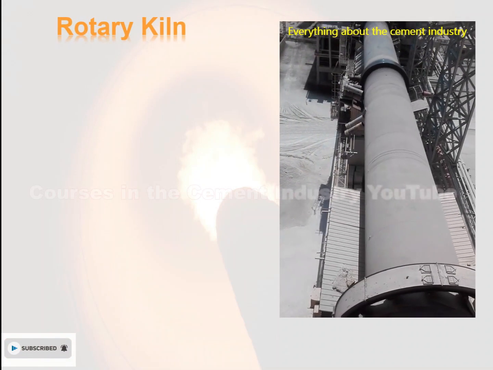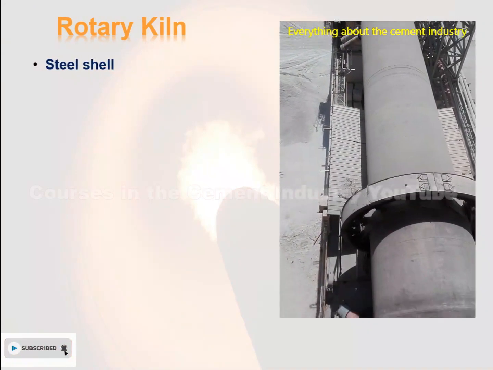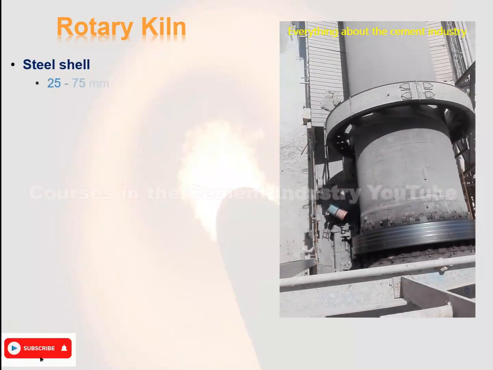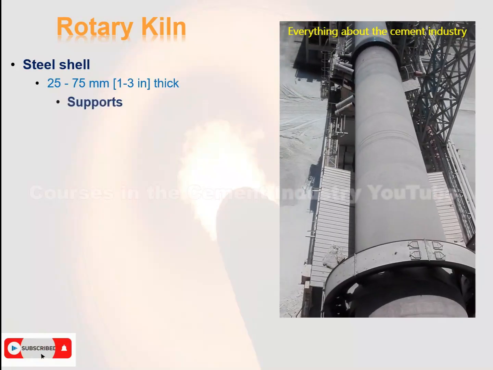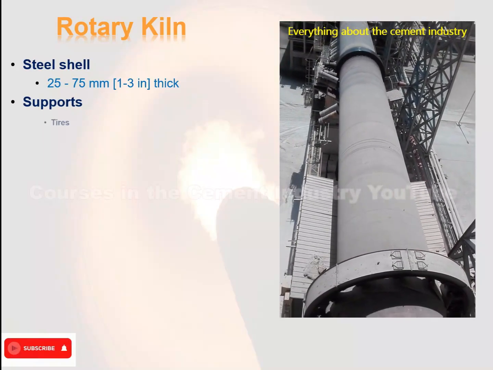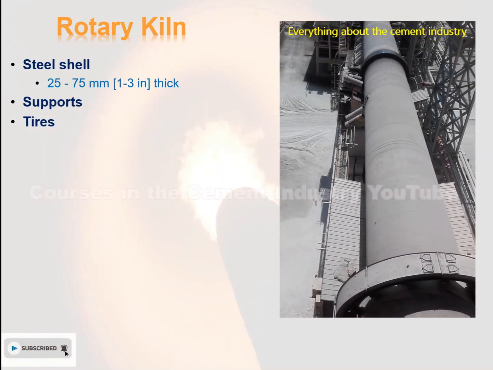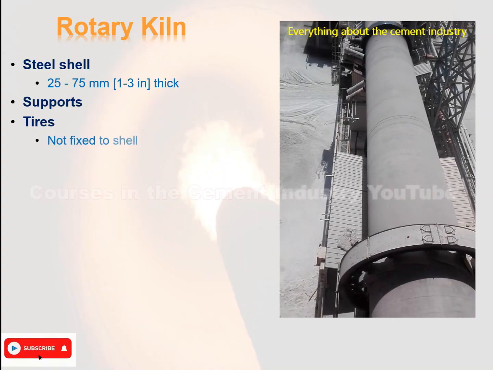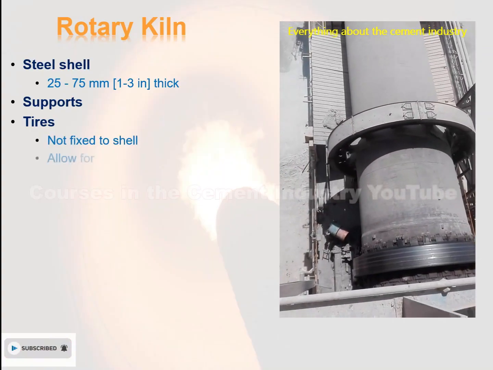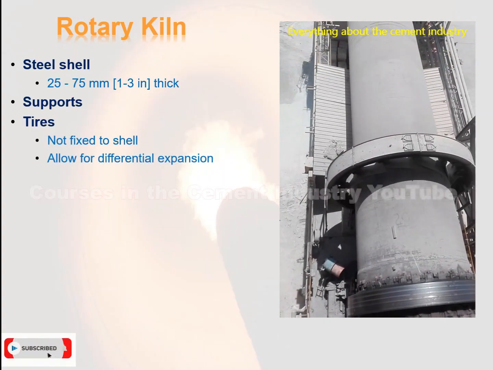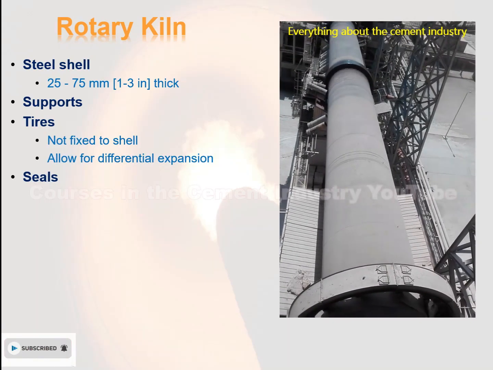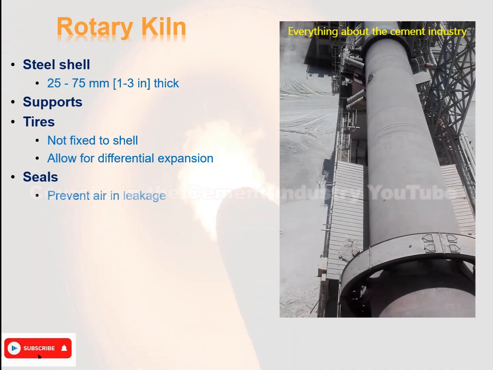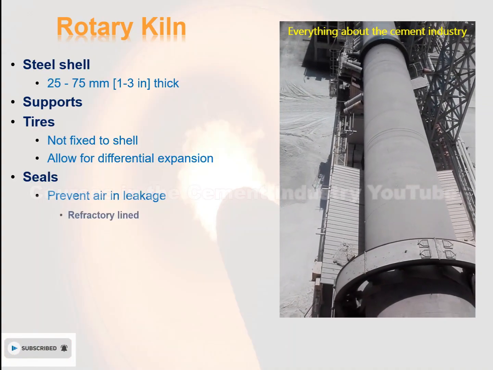Rotary kiln, consisting of 1. Steel shell, 25 to 75 mm thickness. 2. Supports. 3. Tires, not fixed to the shell, allow for differential expansion. 4. Seals, the function is to prevent air in-leakage. 5.